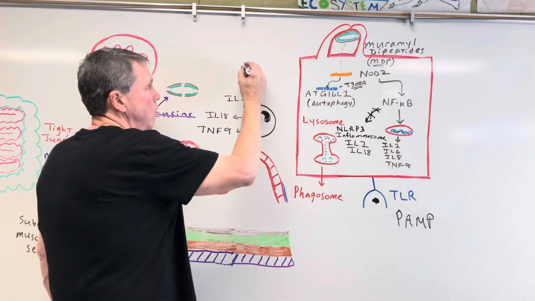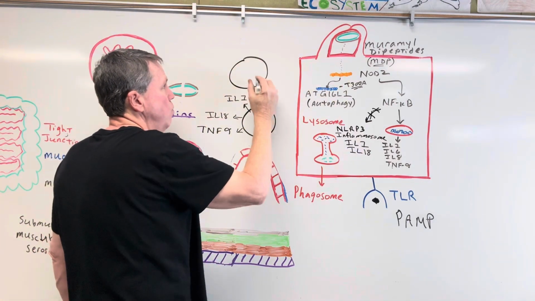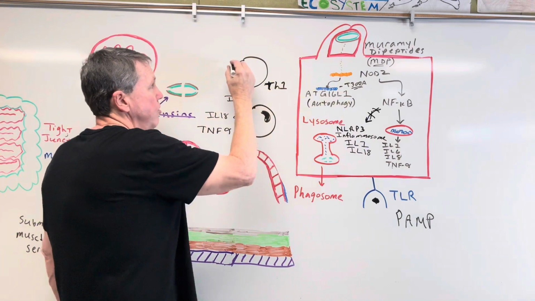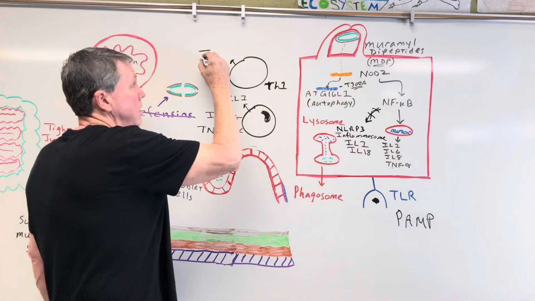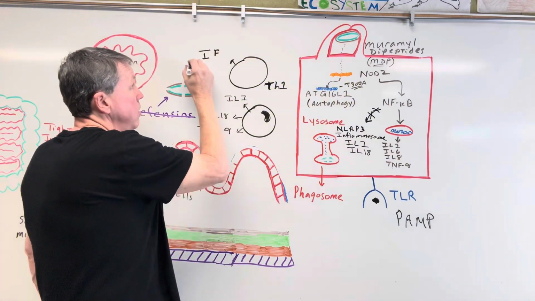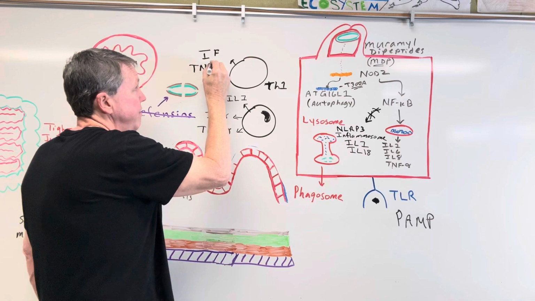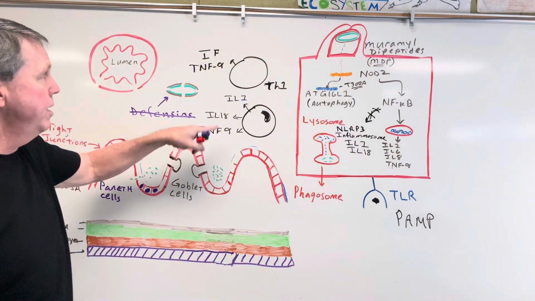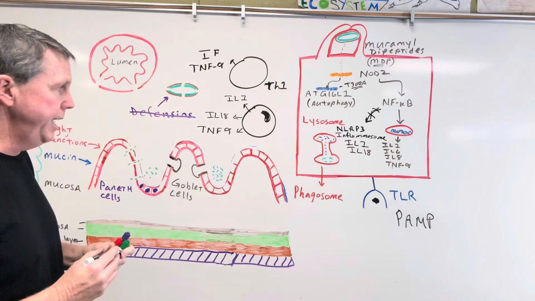Interleukin-18 is basically going to bring T1 helper cells over to this area. T1 helper cells are going to secrete something called intrinsic factor, and they're also going to secrete tumor necrotic factor alpha. So I have tumor necrotic factor alpha being produced here and here.